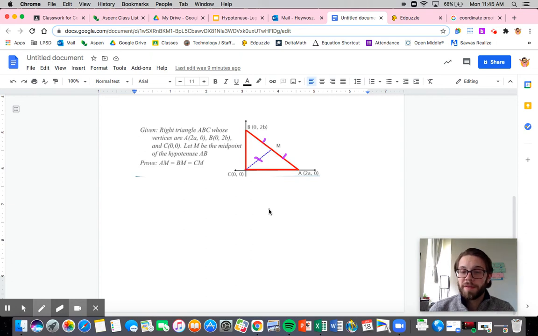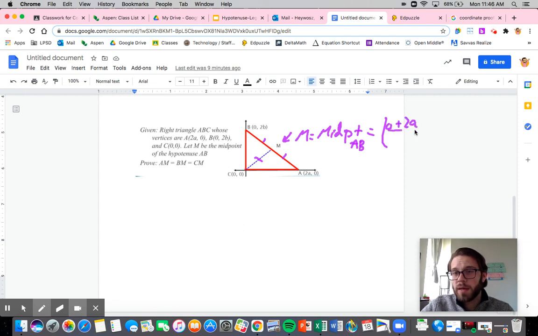Now, in order for us to do that, we need to figure out the coordinates of the midpoint, right? So we will need to use our midpoint formula. So our midpoint of AB, which we're calling M, is (0 plus 2a over 2, 2b plus 0 over 2), well, that's just going to be (a, b).